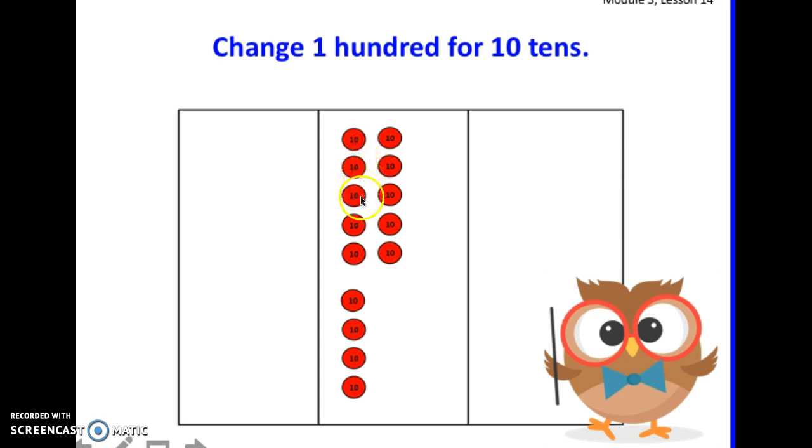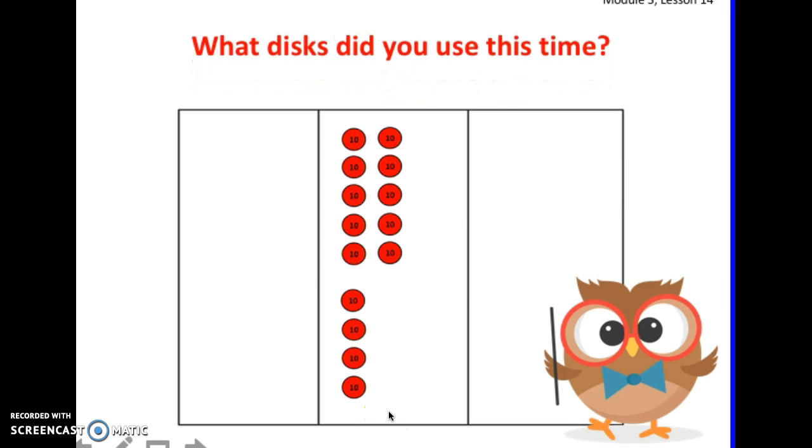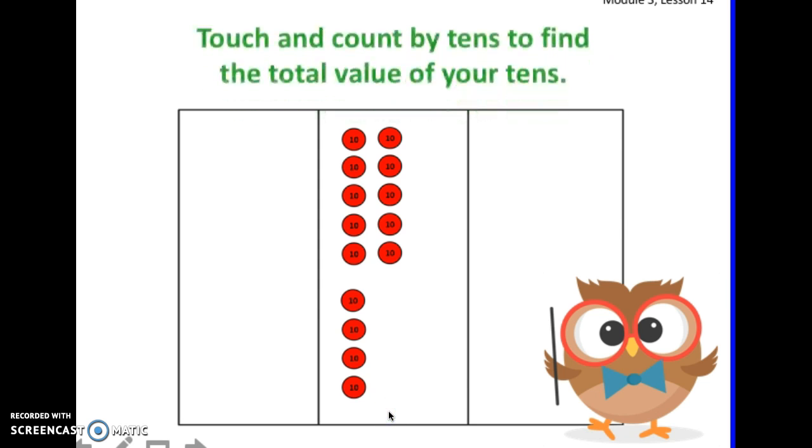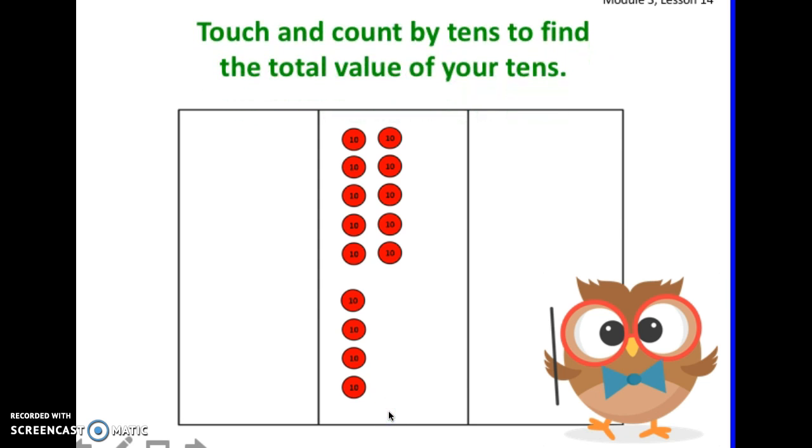We have 10, 20, 30, 40, 50, 60, 70, 80, 90, 100, 110, 120, 130, 140. What did we do this time? We just unbundled, that's right, and we added and used tens. I want you to count yours just to make sure you have 140. Did you do it? Awesome job.